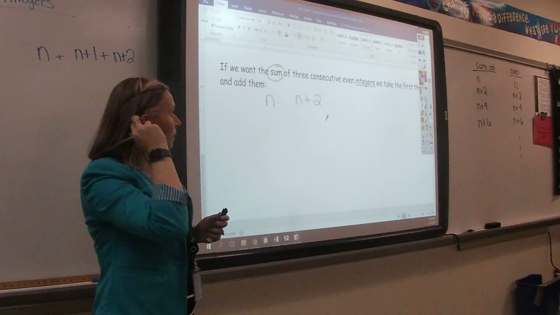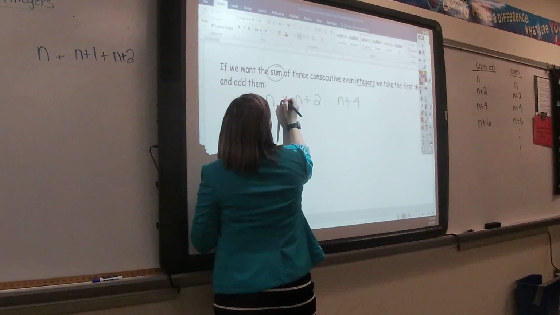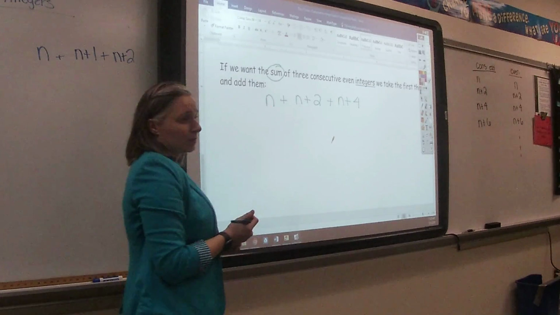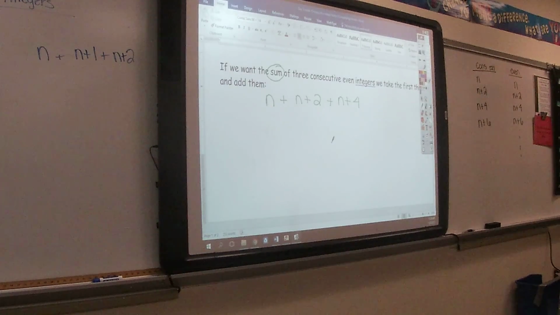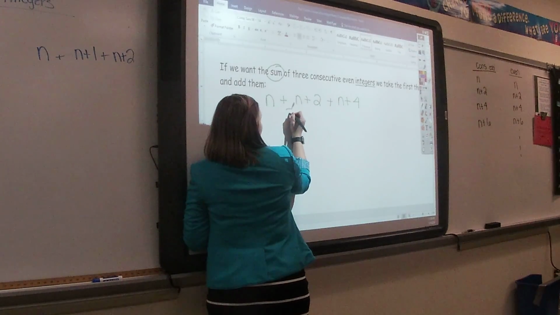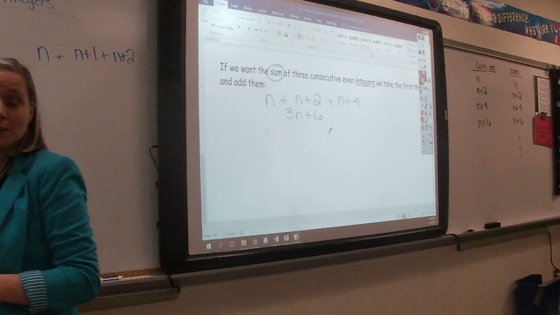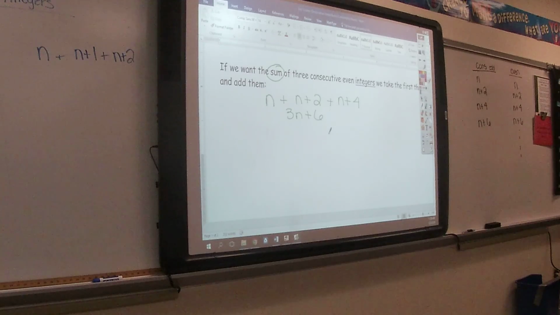What's my third one going to be? N plus 4. Sum tells me to add them up. Is there a way I could write this in a more simplified format? Yes. What could we write? 3n plus 6. Because we know at this point that we can combine like terms. And so the sum of 3 consecutive even integers would be 3n plus 6.